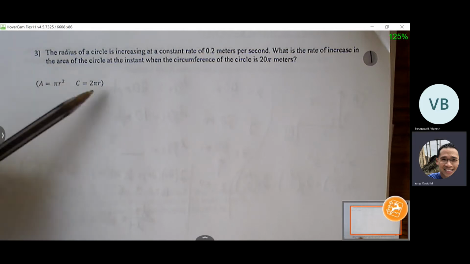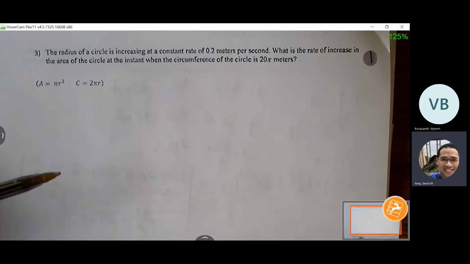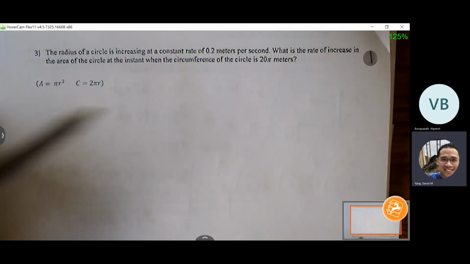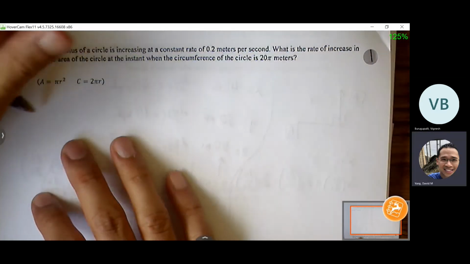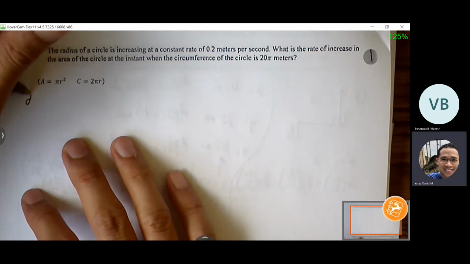Okay, we know we have to involve both derivatives. Let's go ahead and just find all that information. We may not need everything, but it's just nice to have everything in front of us.